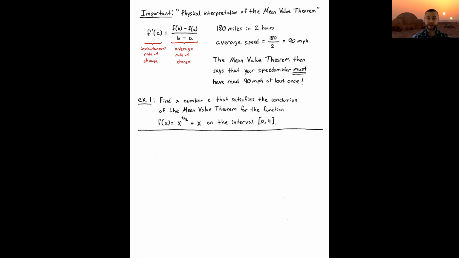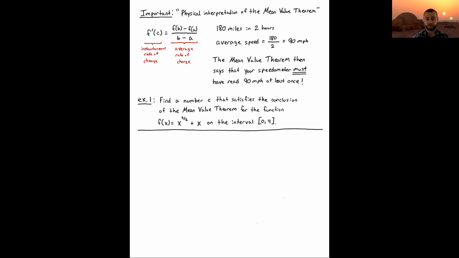The questions typically take the form like we see here. We're going to find a number C that satisfies the conclusion of the mean value theorem for this function, x to the 3/2 plus x, on the interval from 0 to 4. Now, the conclusion of the mean value theorem, that was that f prime of C equals f of B minus f of A divided by B minus A. You can still see it in the upper left corner there of your physical interpretation of the mean value theorem.